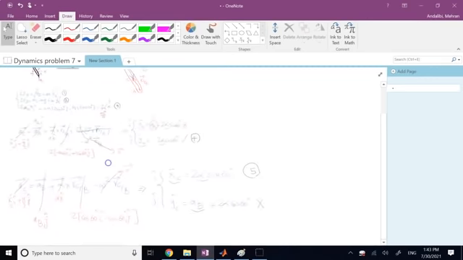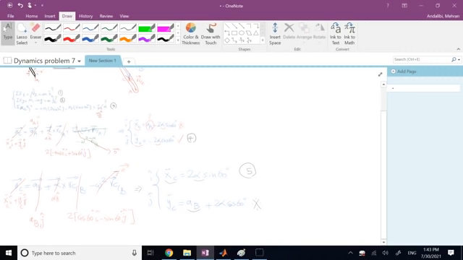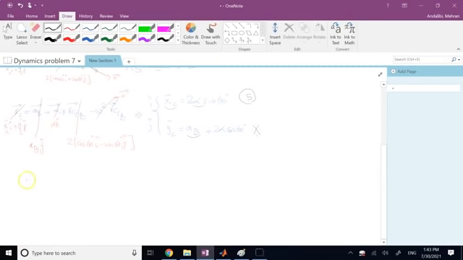Okay, so now if you look, you have 5 equations and 5 unknowns. What you need to do is to replace 4 in 2 and 5 in 1 to get rid of the acceleration terms. So let's do that. I'm going to replace 4 in 2.